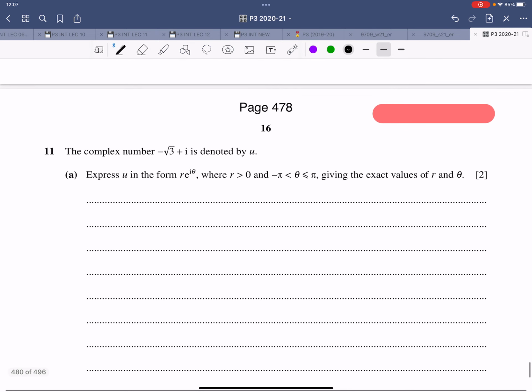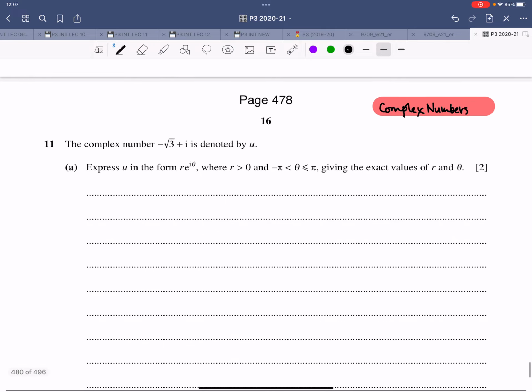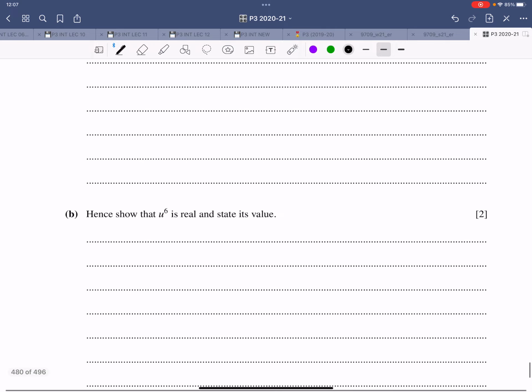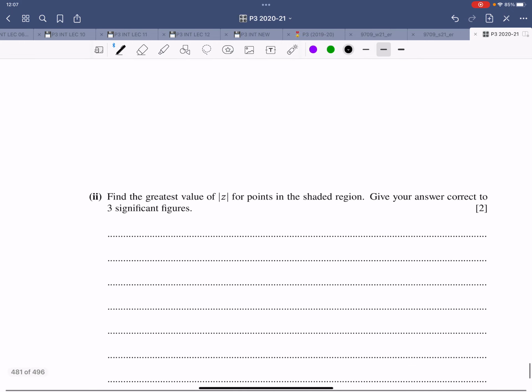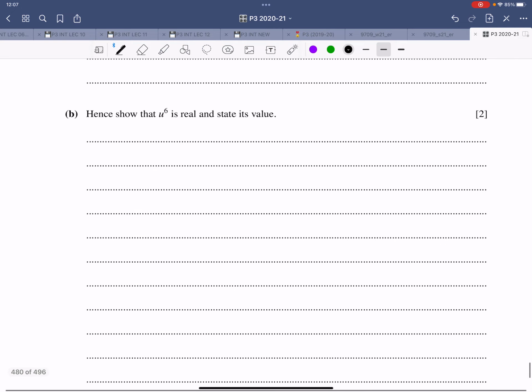Now here comes the last part, the last question, that is complex numbers. And what part of complex numbers are these? Let's double check. The first is about algebra and trigonometry, and the second part is about shading and the greatest value. So this looks like a nice question.